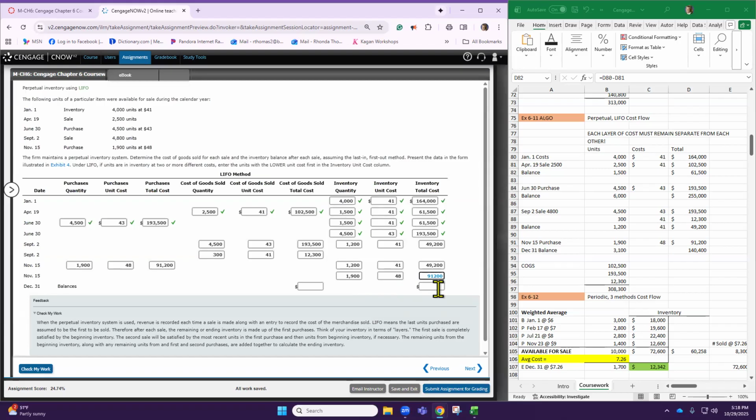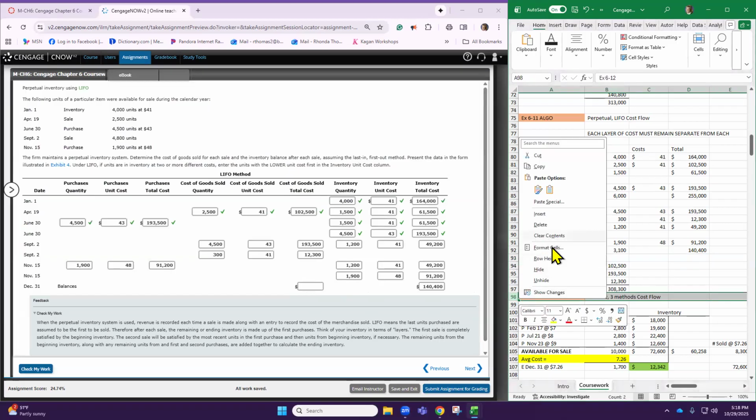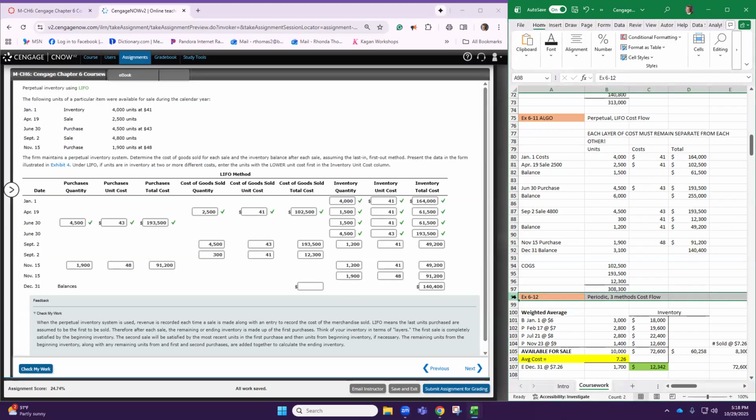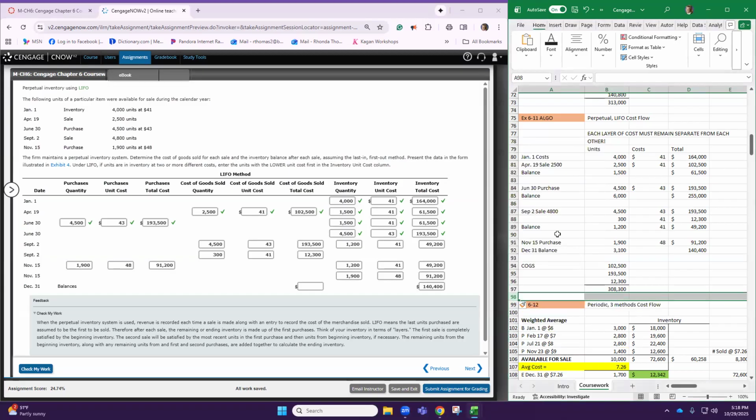All right, so now we just simply want to add down here. All right, if they had a place to put how many units, we could, but you have to add those two together. But we want the total dollar value, $140,400, is adding up the balance and then the new purchase balance. And then we want to add up our cost of goods sold. Okay, so I'm going to give us just a little more room here.